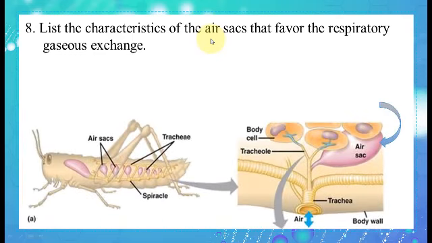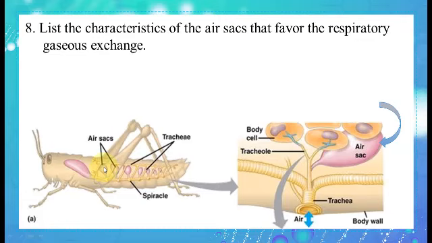Observe the figure here. How many air sacs are found? Do we have only one air sac or many air sacs that are distributed in the body of the insect? There are a numerous or large number of air sacs. What about their walls?